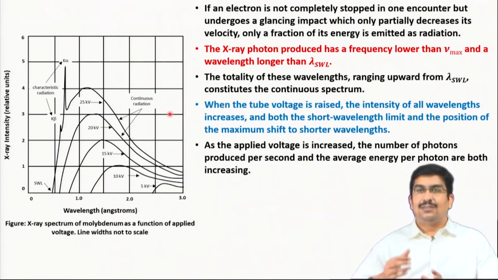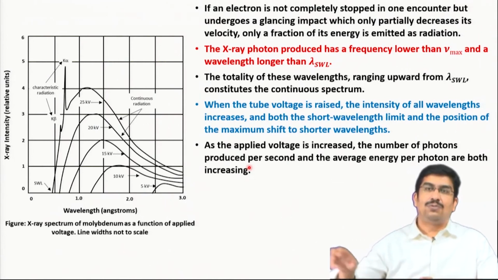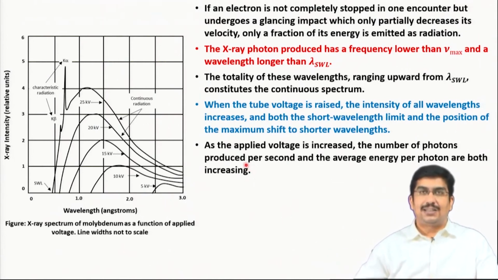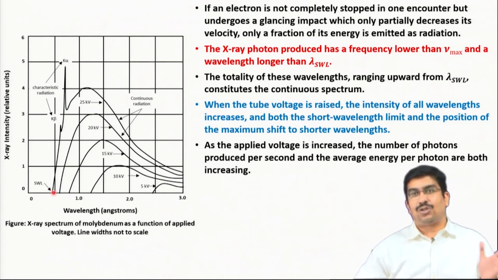Definitely, those X-rays produced by electrons which are continuously going through elastic and inelastic scattering interactions will have a lower frequency and a longer wavelength, and these will constitute the continuous spectrum. And when tube voltage is raised, we have already discussed the first effect: it will shift the lambda SWL towards the left, at a shorter wavelength.